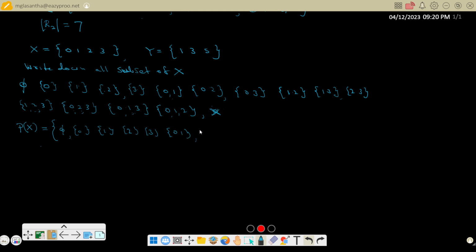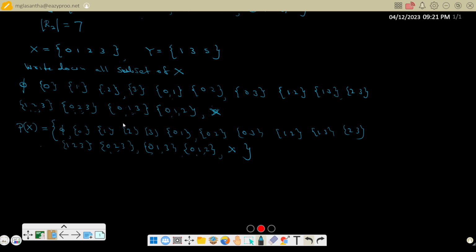All subsets of X: {0, 2}, {0, 3}, {1, 2}, {1, 3}, {2, 3}, {1, 2, 3}, {0, 2, 3}, {0, 1, 3}, {0, 1, 2}, X. Okay, so this is the power set.